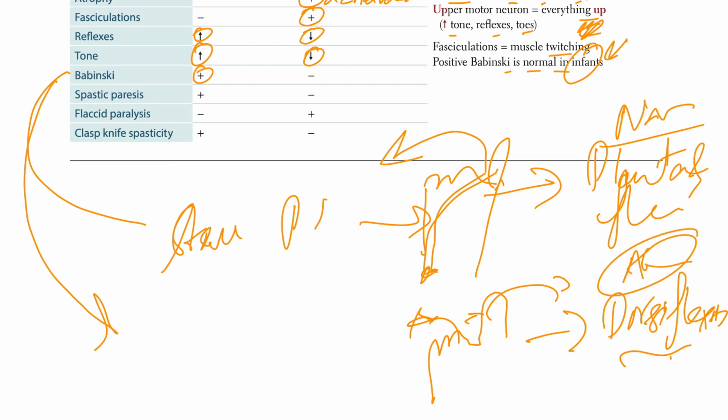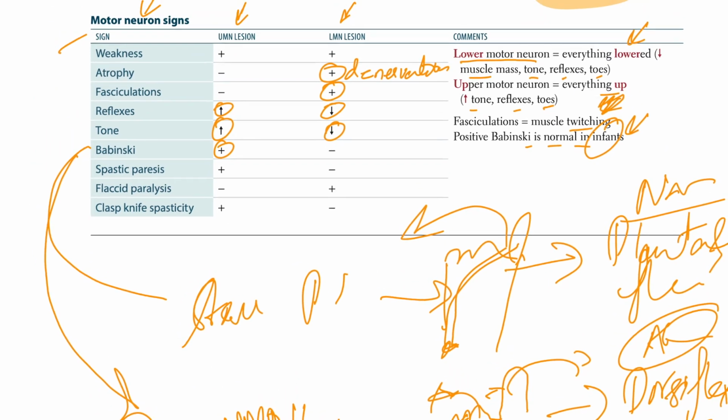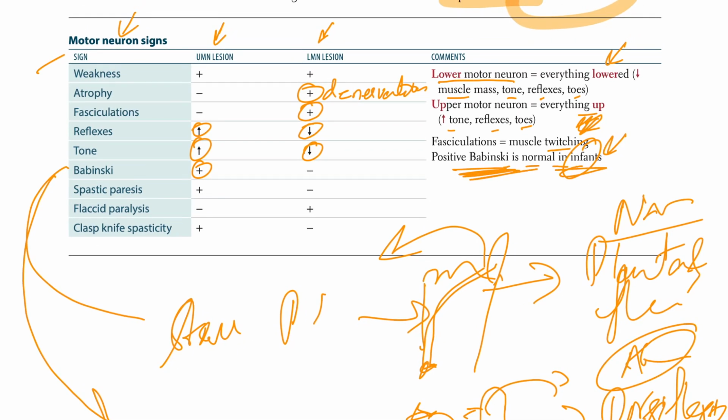When you have dorsiflexion, you call it positive Babinski, and that is seen only with the upper motor neuron lesion. In other words, it's also seen as fanning of the toes as they go up. So that is your Babinski sign. It is normal in infants, but abnormal in adults. But with upper motor neuron lesion, it's going to be positive.